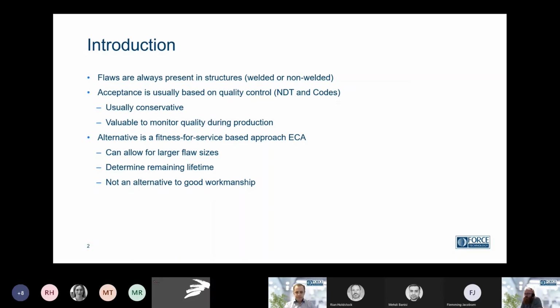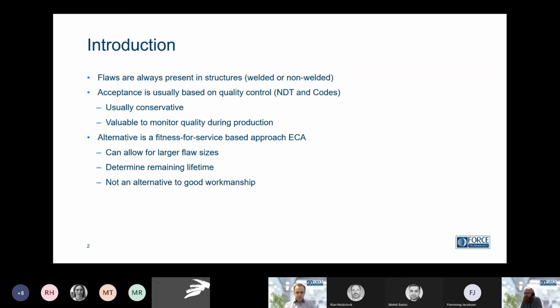The NDT and the codes are valuable to monitor quality during production, just to make sure that the workmanship is pretty good for the things you are manufacturing. If you have defects or indications that are larger than what is allowed, there is an alternative to assess if this indication is okay or not.